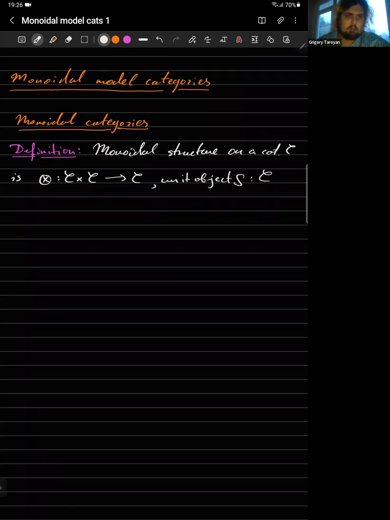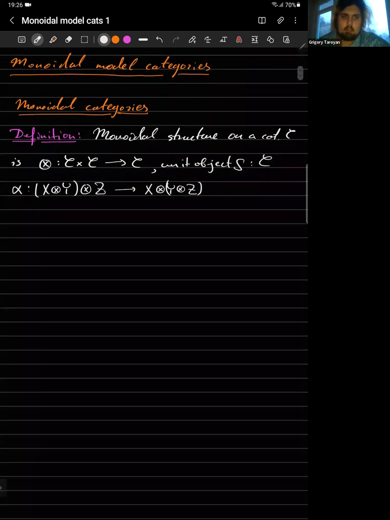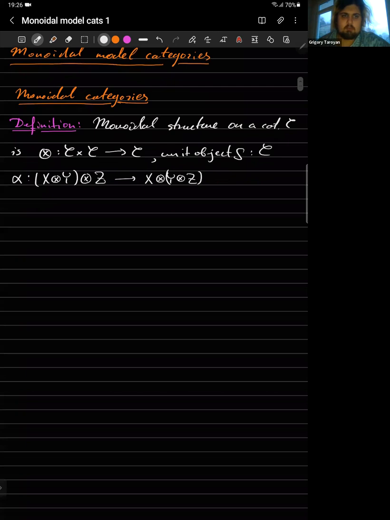Yeah, so the unit object, an associator, which says that this monoidal operation is associative. And left and right isomorphism of unity.